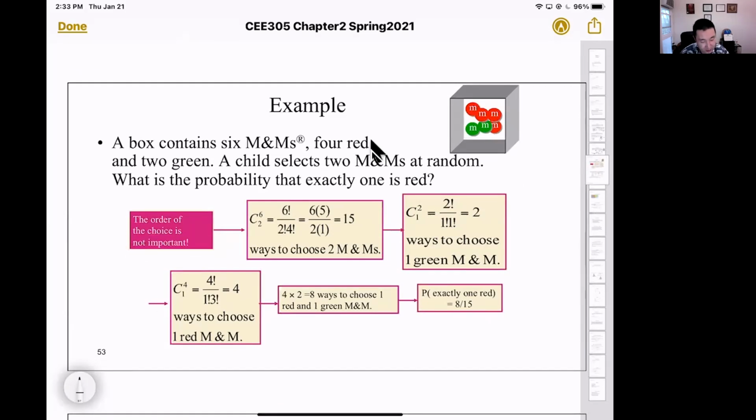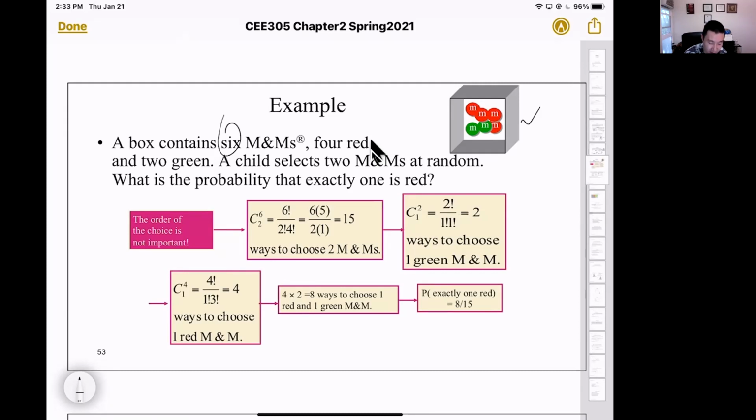Another example: we have a box of candy with 6 candies, 4 red and 2 green. We select 2 candies at random. What is the probability that exactly one is red? Let's look at how this answer is given.